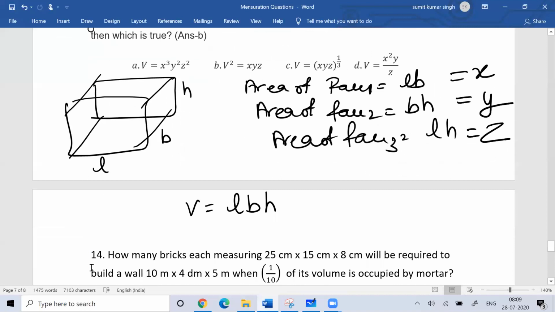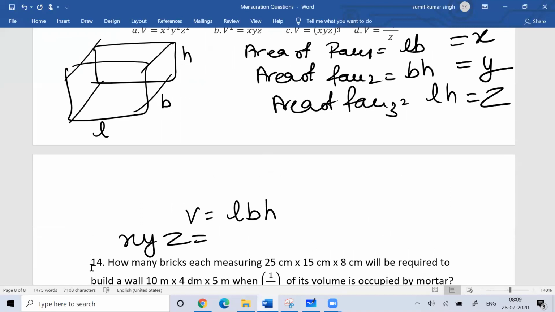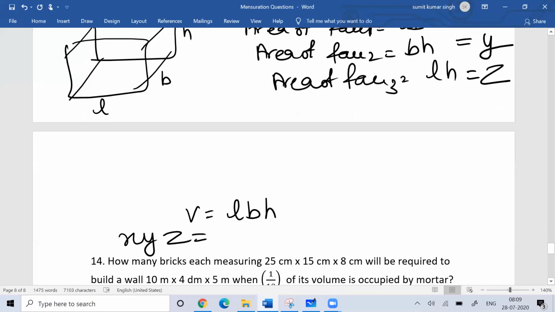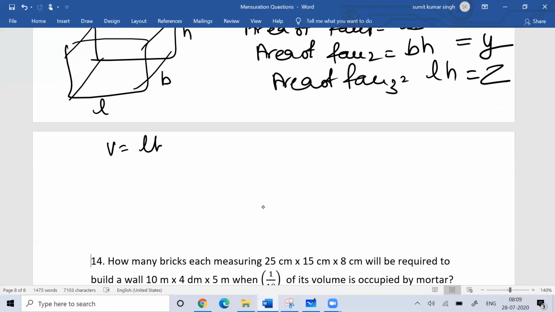Now the next thing: if you find the product of X into Y into Z, imagine here the volume is L into B into H.